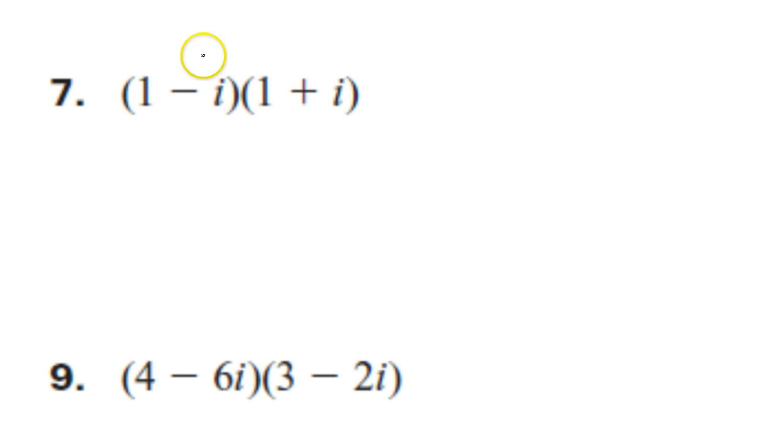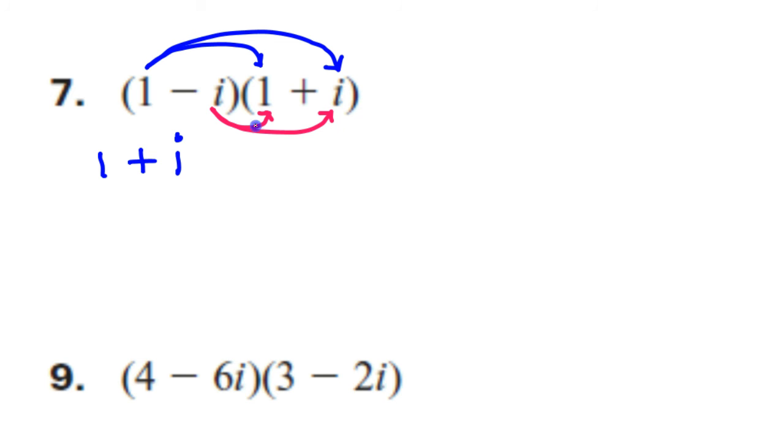When you have a binomial times a binomial, you have to FOIL it, but I like to think of it as just doing the distributive property twice. So 1 times 1 is 1, 1 times i is i. Alright, and then we also have to distribute the negative i.